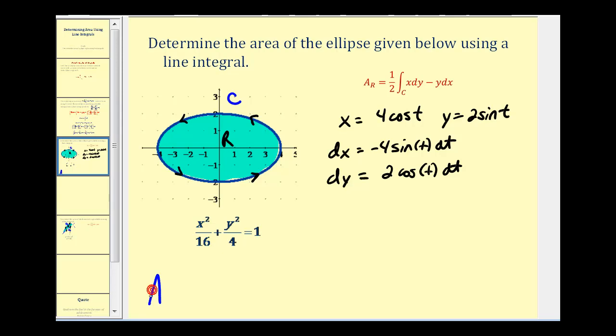So the area of this region would be equal to 1/2 times the line integral of x dy, that's going to give us 4 cosine t times dy, which is 2 cosine t dt.